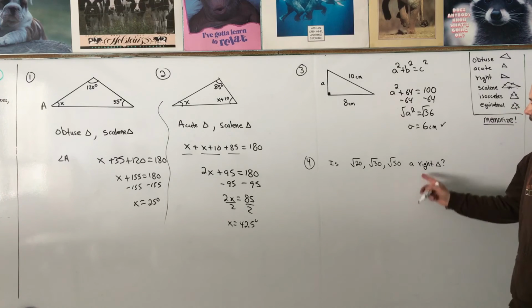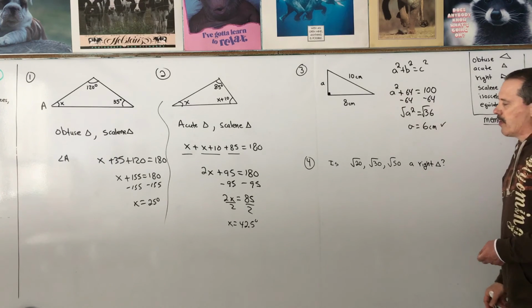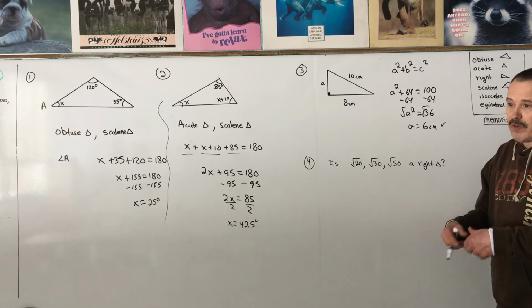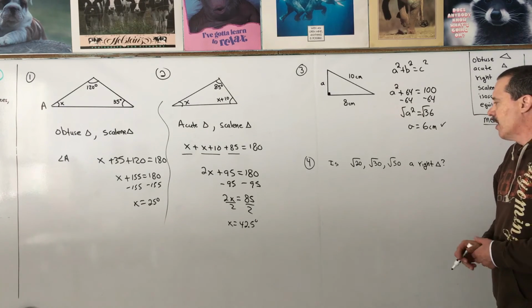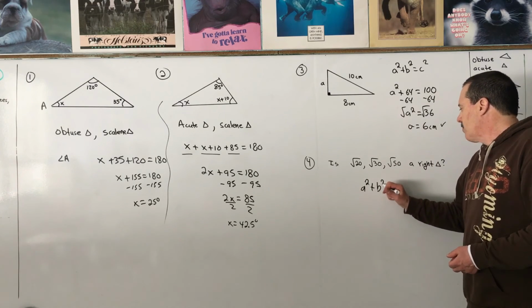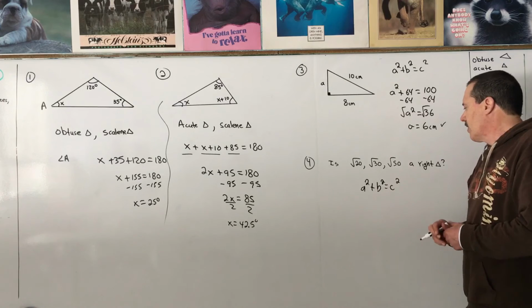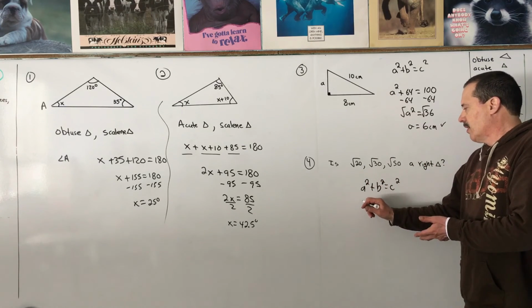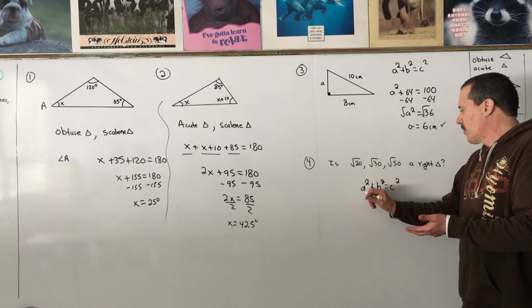Okay, they also asked in the book, and not very many people got this right in their quiz, is this a right triangle? And I said, show your work. Some of you said yes or no, but didn't show any work, so I'm not going to give you any credit. So in order to do this, you would say to yourself, a squared plus b squared equals c squared. Well, square root of 20, when you square it, you can try it in your calculator, but the square root of 20 squared is just 20.